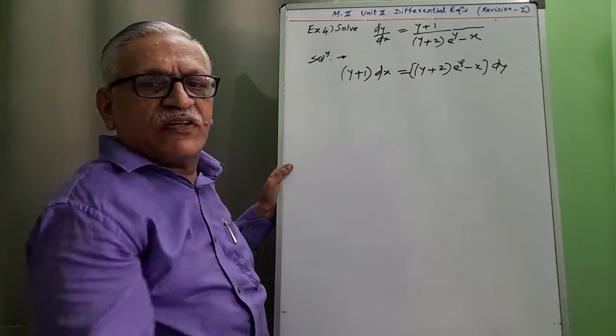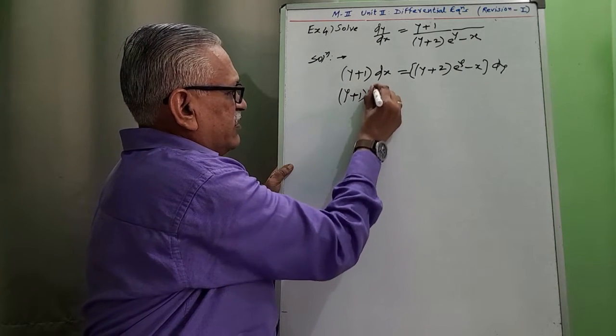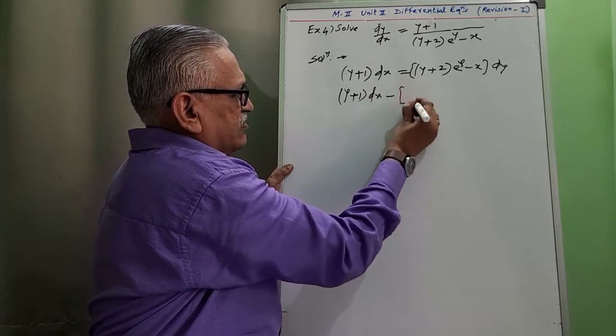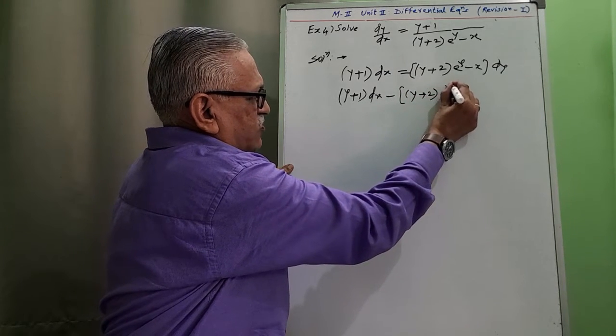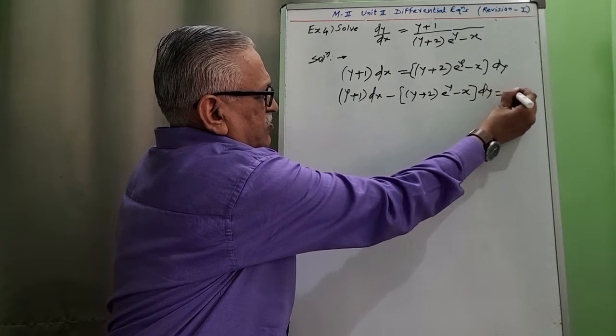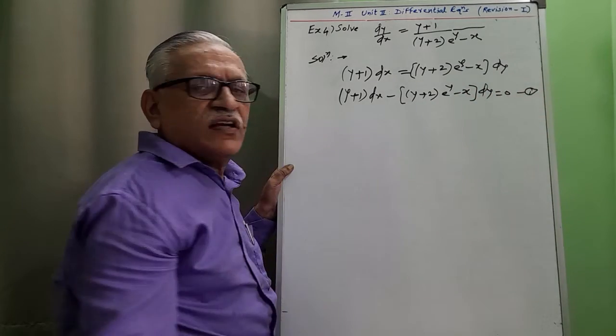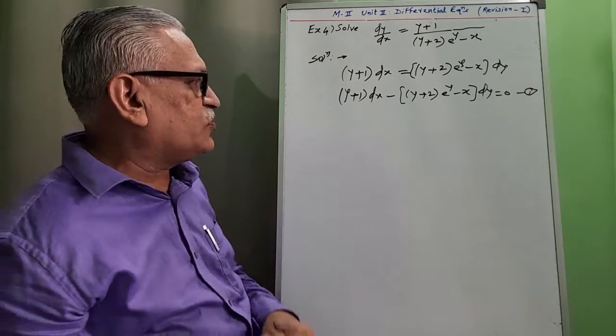Then transferring to left hand side, we get y plus 1 into dx minus y plus 2 into e raised to y minus x into dy equal to 0. We call this equation 1. It is written in the form of M dx plus N dy equals 0.